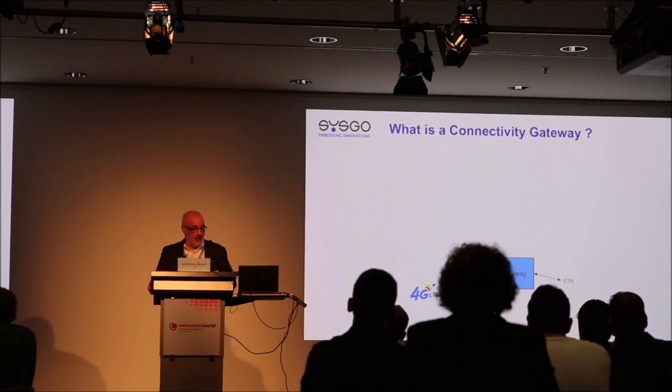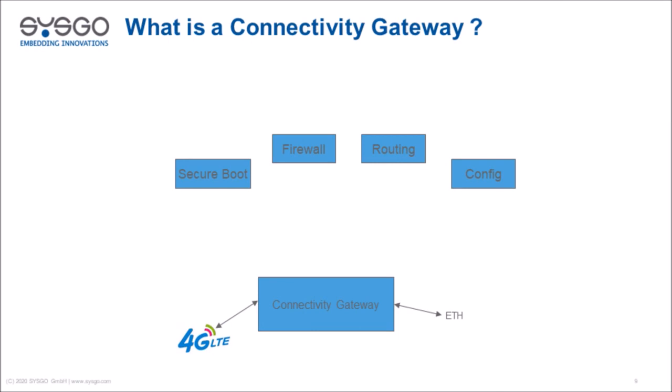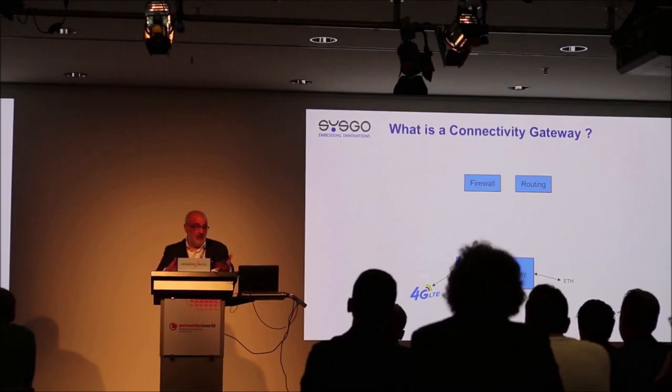Okay, so now let's go back. What is a connectivity gateway in a vehicle? The basic one is where you have two networks, let's say 4G and Ethernet, and you want to have communication in between and control that. What you need as a basic feature is a firewall and a routing capability, because you may want to NAT some traffic.